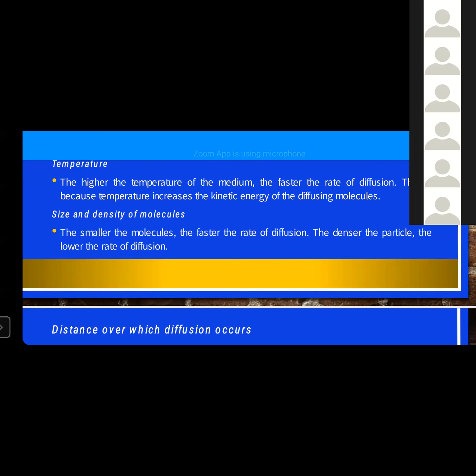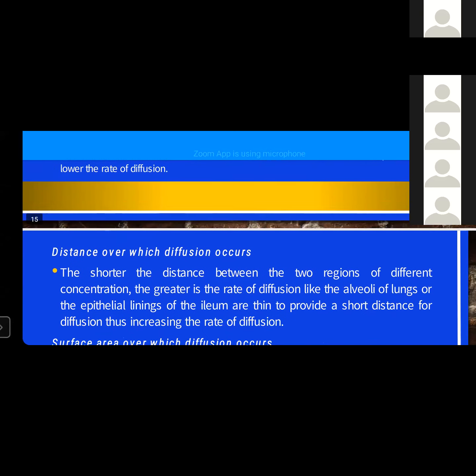The shorter the distance between the two regions of different concentration, the greater the rate of diffusion. Yes, very correct. The shorter the distance over which these particles move, the higher the rate of diffusion.